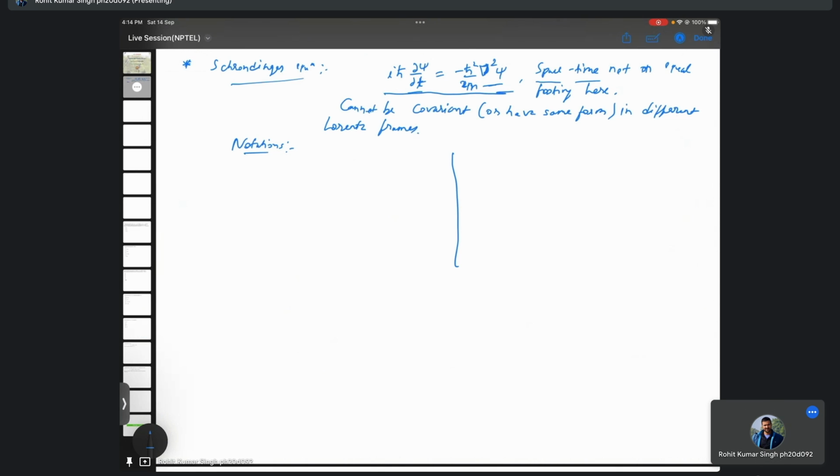In the non-relativistic case we have Euclidean space everywhere, which is the 3-dimensional space, and here a vector can be represented as a three-dimensional vector having components x1, x2, x3, right?